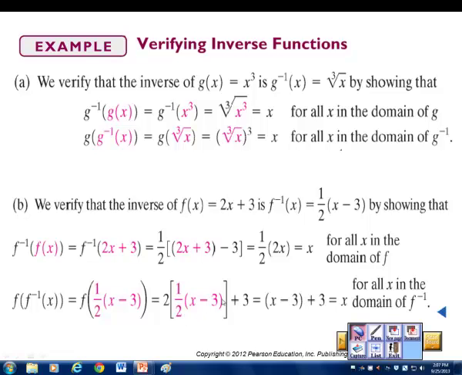And that leaves us with just x minus 3 plus 3. And the 3's, they're additive inverses, they cancel out, and we just get x. So we can say, yes, in fact, f and its inverse of x are inverses of each other.